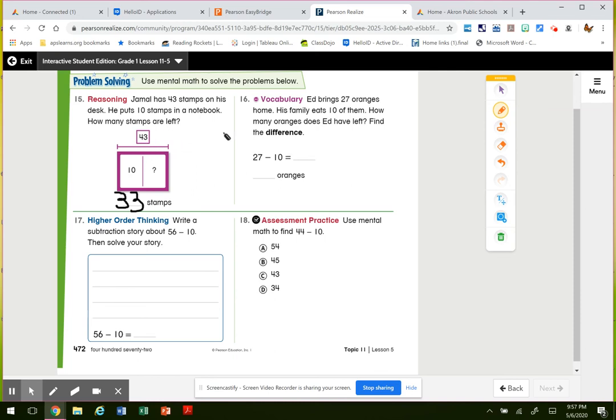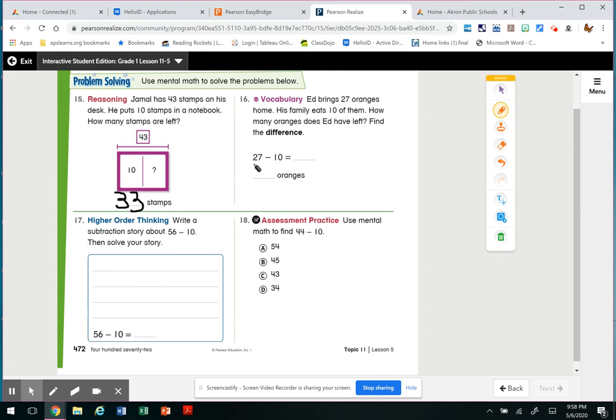Okay, all right. So over here, number 16, Ed brings 27 oranges home. His family eats 10 of them. How many oranges does Ed have left? Find the difference. Now this problem has been set up for us, but whenever we see the word difference, we're going to subtract. Okay, so we're going to use that mental math again. We have 27 minus 10.